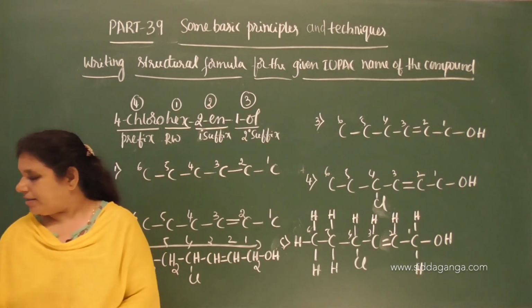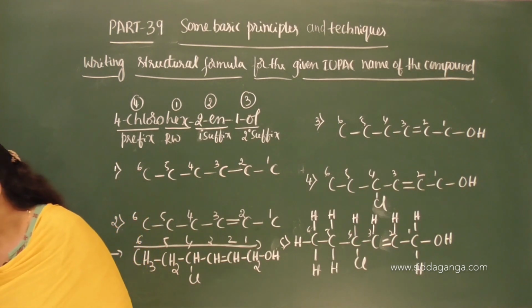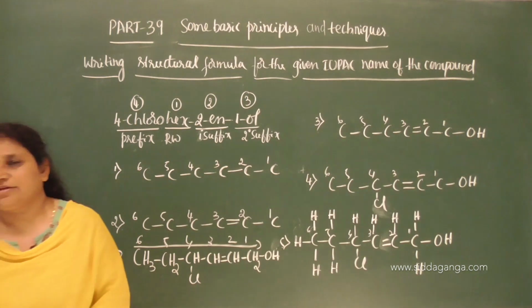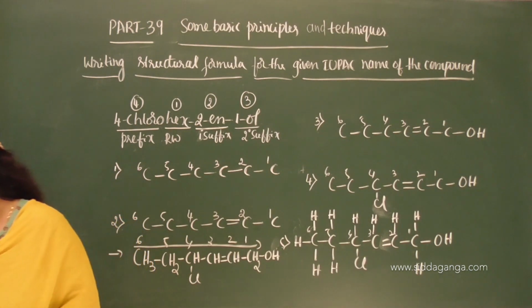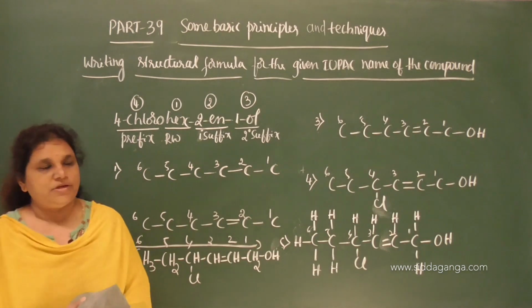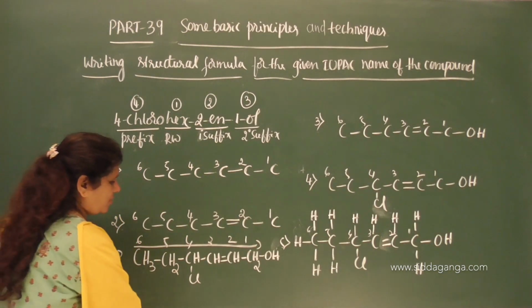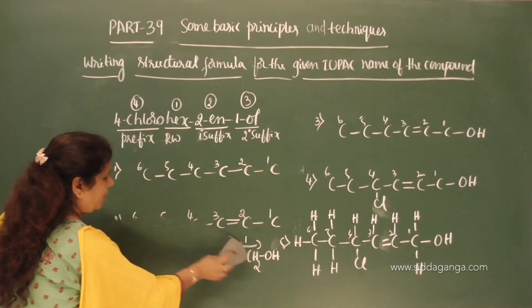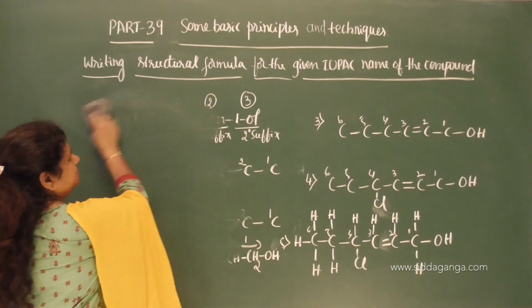Okay. Now, let us move on to a few more examples of how to write the structural formula for the given compound. So, take a few more examples for writing the structural formula. Write the next example.